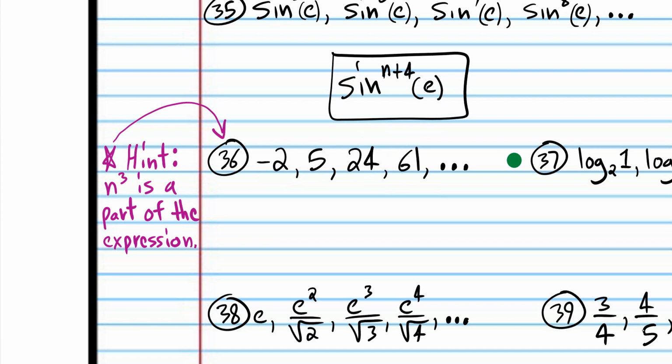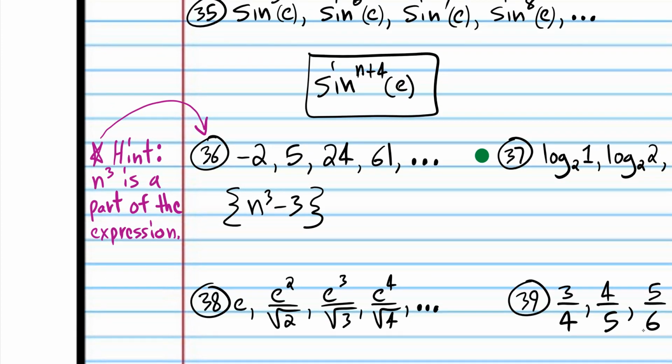So if we write n to the third power, we plug in 1, we get 1. Plug in 2, we get 8. Plug in 3, we get 27. Well, we're not getting those numbers. We're getting actually 3 less than those numbers. So it's going to be n cubed minus 3.